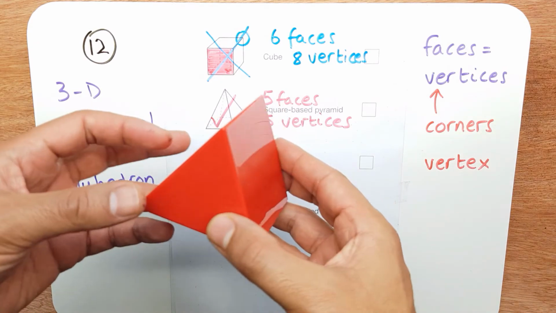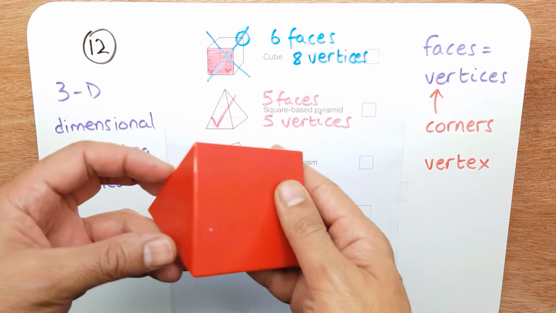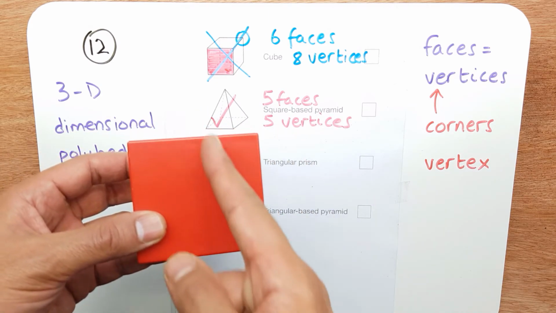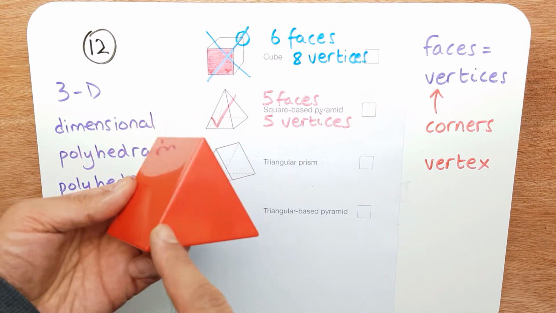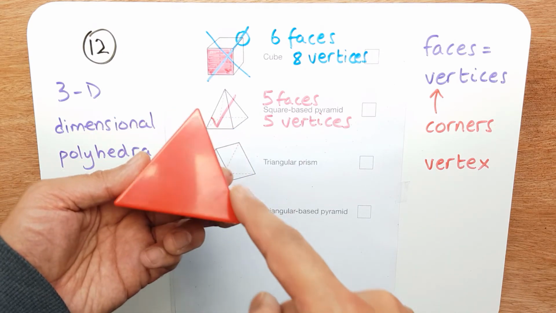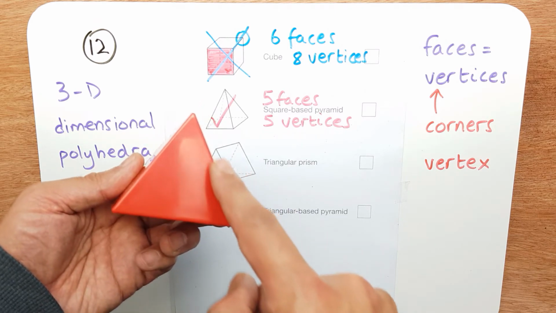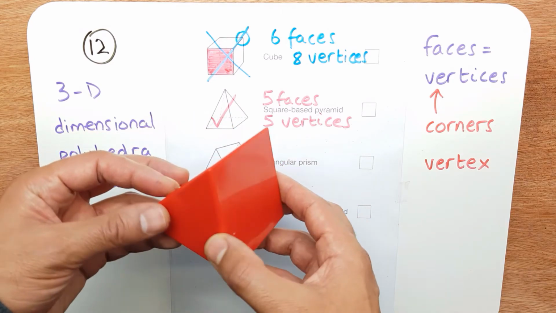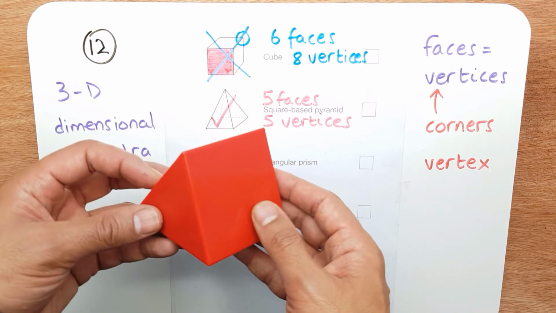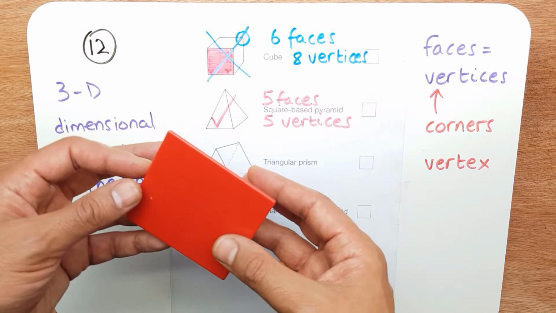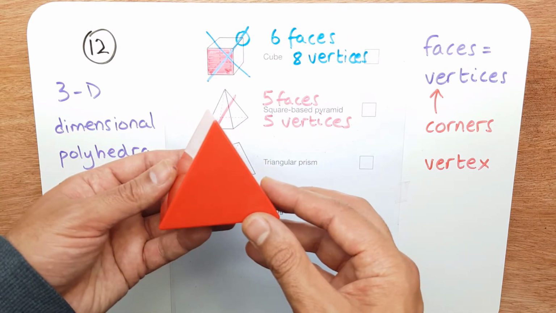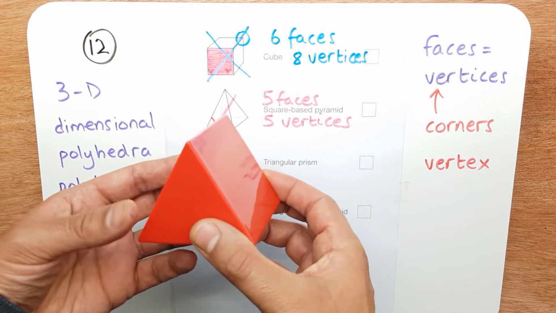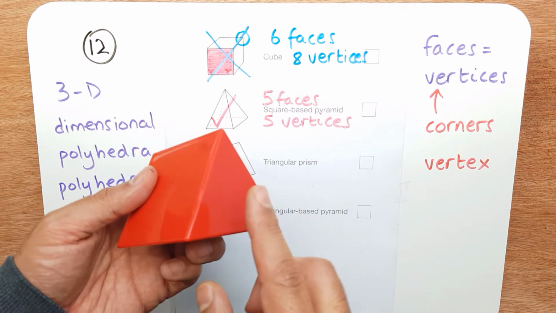Now here we have a triangular prism. Now the reason it's called a prism is because if you slice this shape down here anywhere, it will always have this cross-sectional area, but we can discuss that in another video. So what you do is you have got this triangular prism, and we now need to count the number of faces. So let's hold it this way. You have your triangular face here, one at the front, and if you turn it around, you've got one at the back.